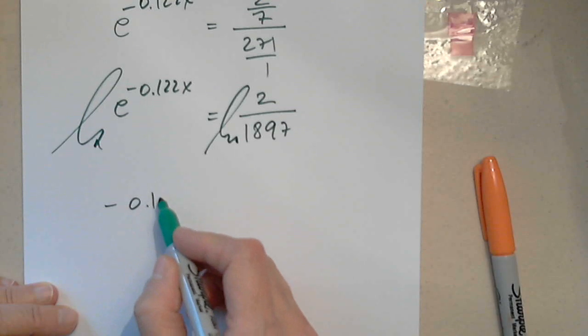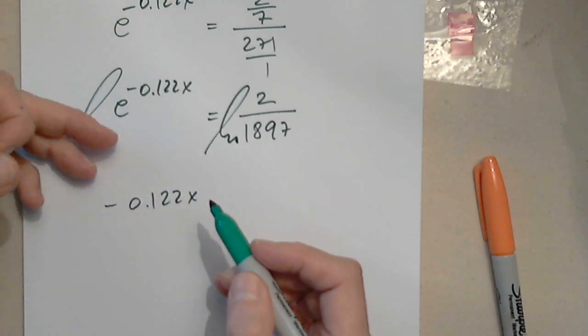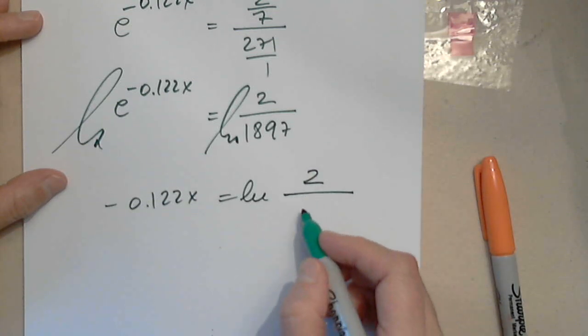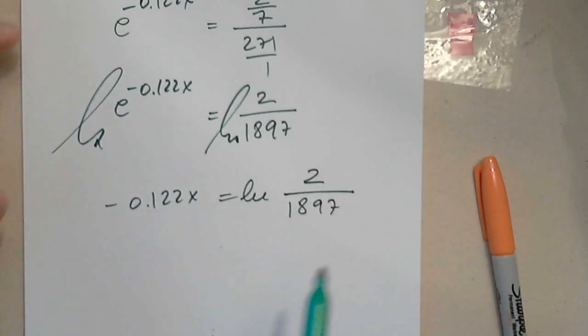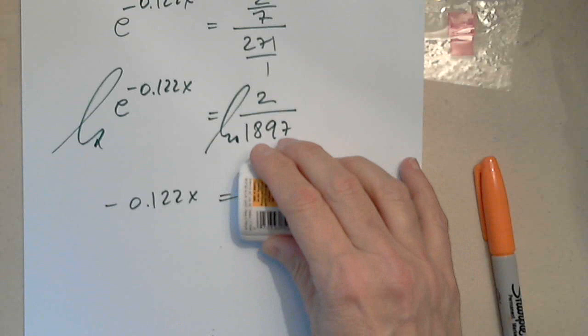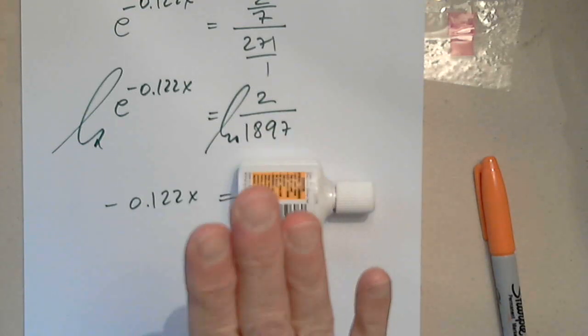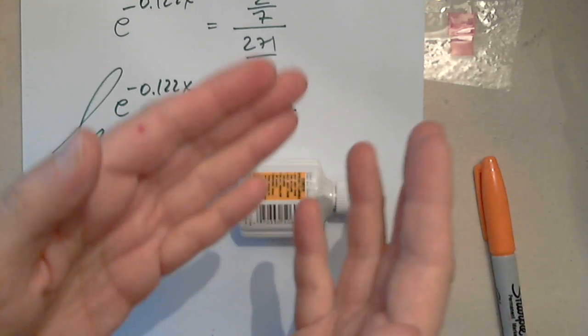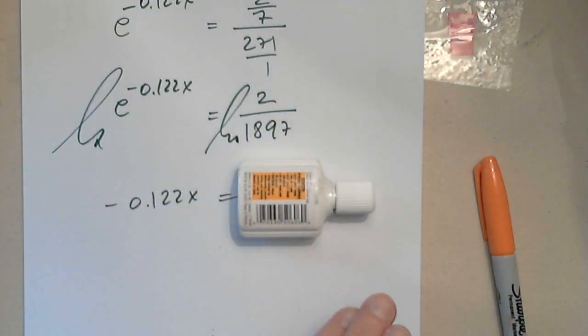We get negative 0.122x. I should write times natural log E, but that's 1, equals natural log of 2 over 1897. Now I cannot separate anything from here. This is just one single number. I can't do anything to it. It has to be in the numerator, and this number has to be in the denominator.